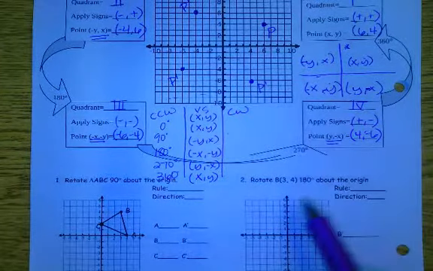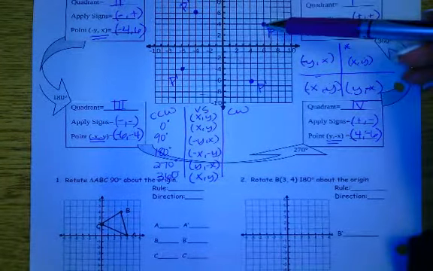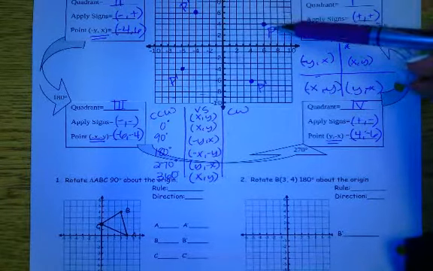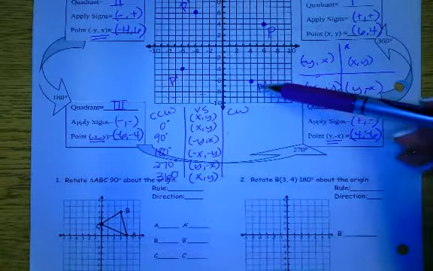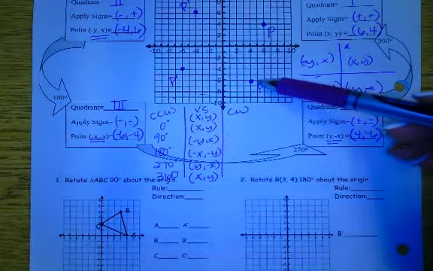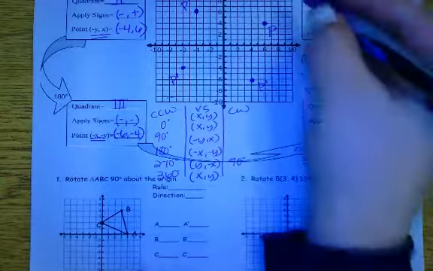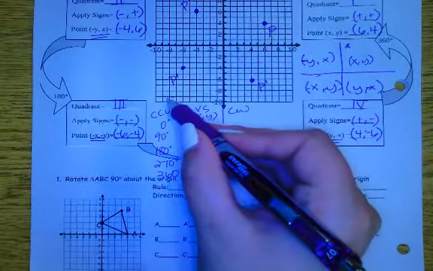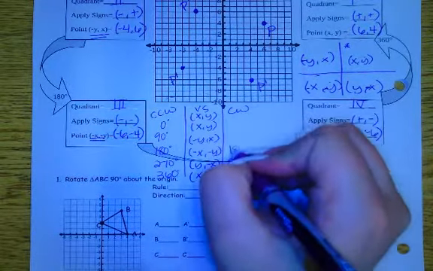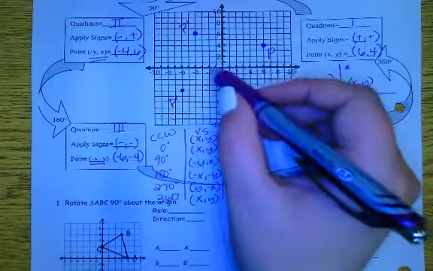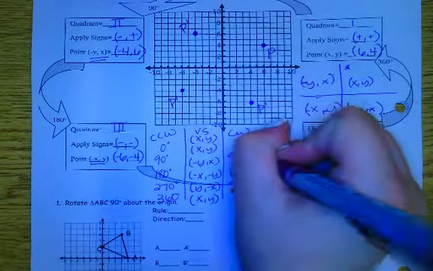If I'm at point P and I move 90 degrees clockwise, what rule does that match for counterclockwise? 270. If I move 180 degrees clockwise, where am I at? 180, so that stays the same. If I move 270 degrees clockwise, where am I at? 90, and then the rest stays the same.